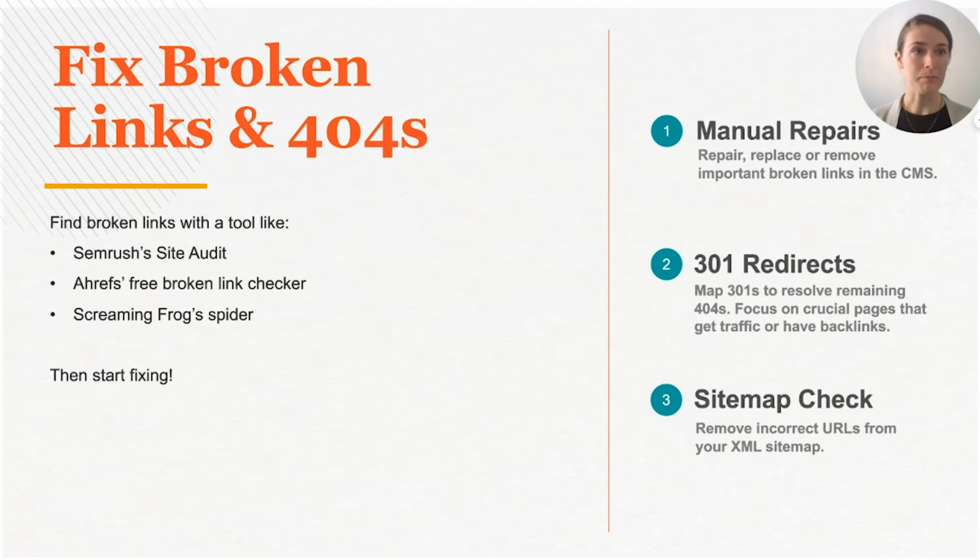There are three main methods for repairing these errors, and these are manually fixing them through your CMS, applying 301 redirects, or correcting your sitemap. So to find out which method we are going to use, we have to first figure out the origin of the problem.